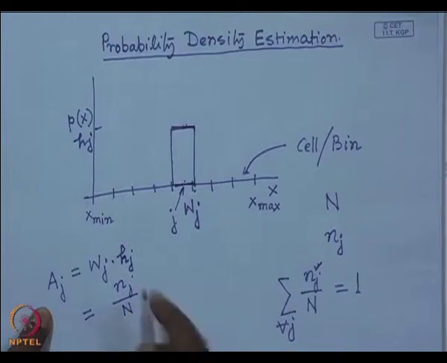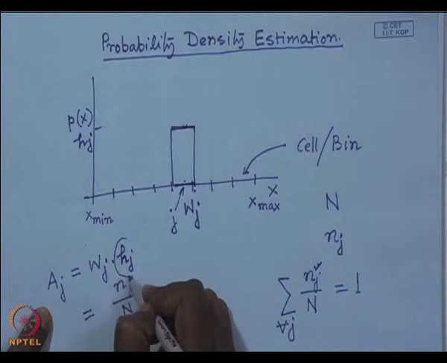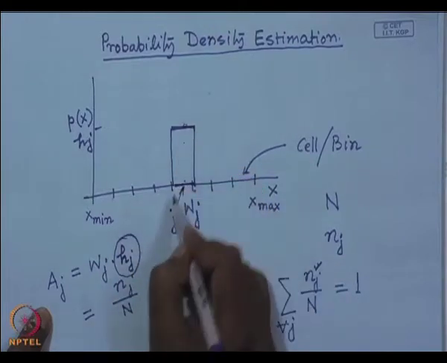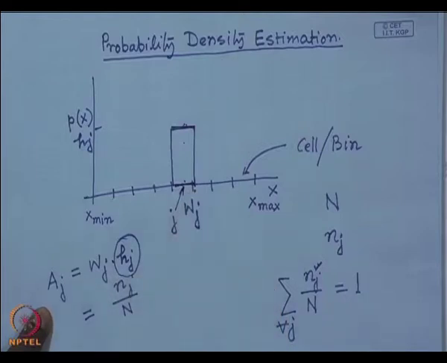So, from this I can have the value of h j, which is nothing but the estimate of the probability density so far as this jth bin is concerned.